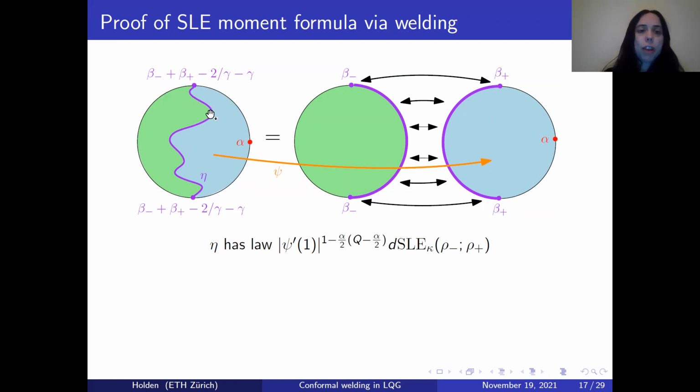So the curve eta in the setting of this extra marked point will now be a curve which has a Radon-Nikodym derivative relative to SLE kappa rho, which is given by this particular power of the derivative of the conformal map psi, the conformal map sending the blue domain to this disk, evaluated at the point 1. Once we have proved this conformal welding result, it's not so hard to obtain this via an application of Girsanov's theorem.